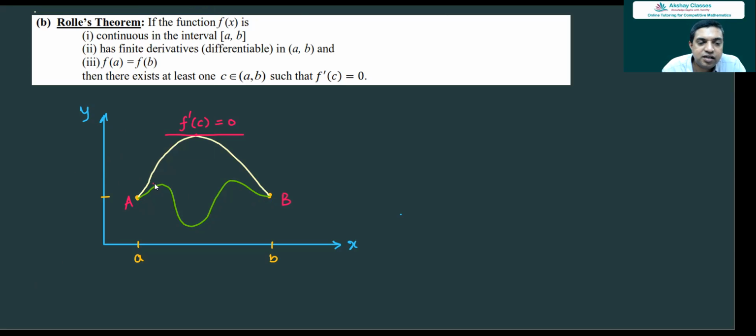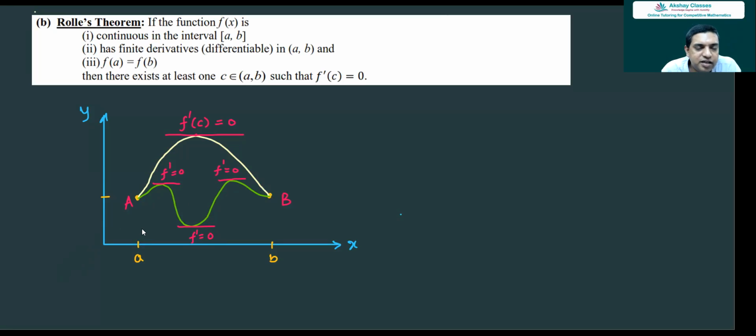So here you will have a horizontal tangent. So the derivative is 0 here. Here also you will have a horizontal tangent, derivative 0. Here also a horizontal tangent. So we have 3 such points here for the second curve. Clear? And there can be an infinite number of points, depending on how the curve is.